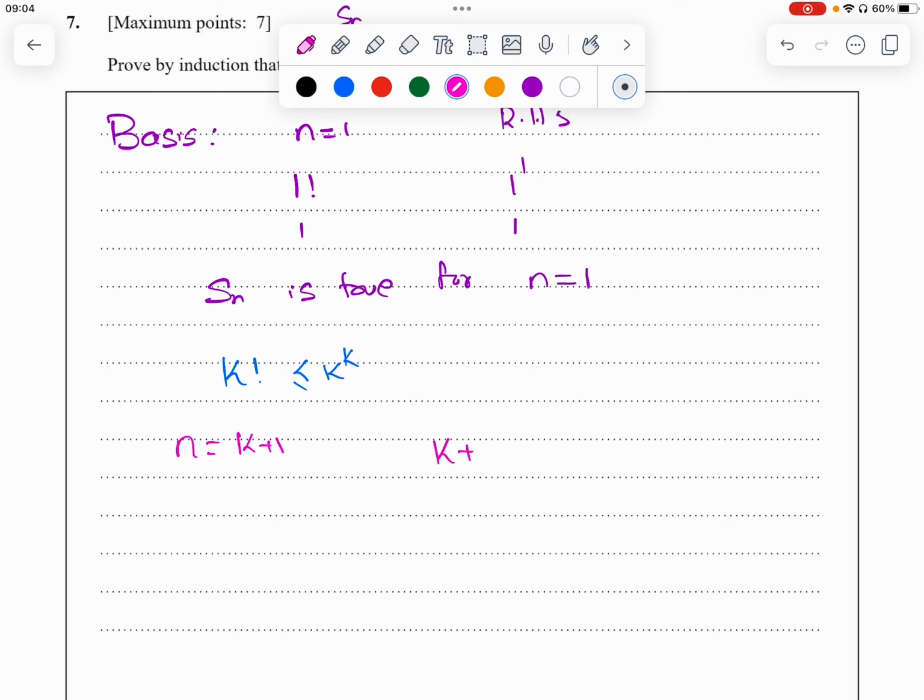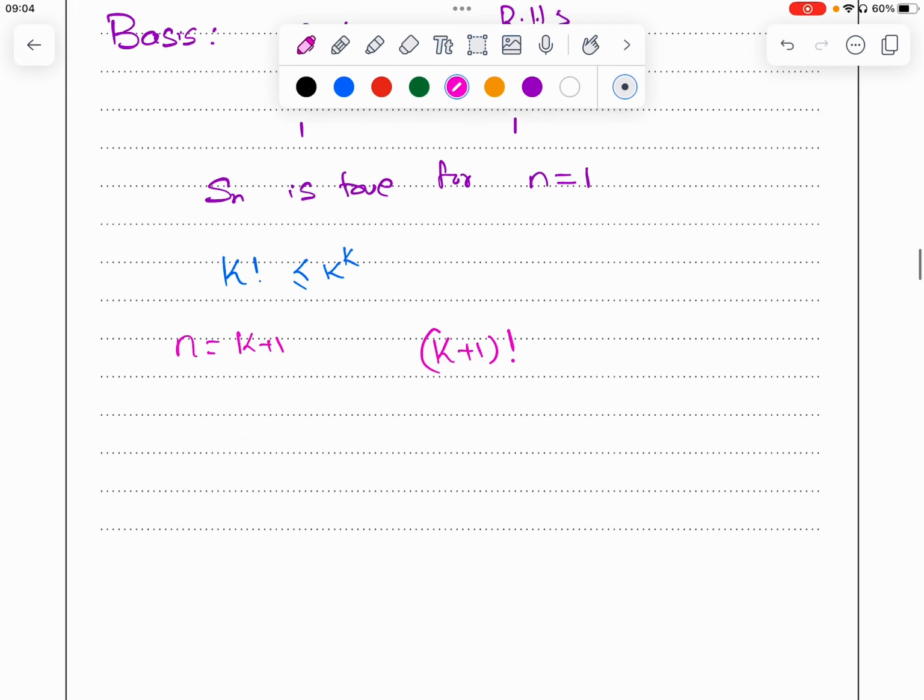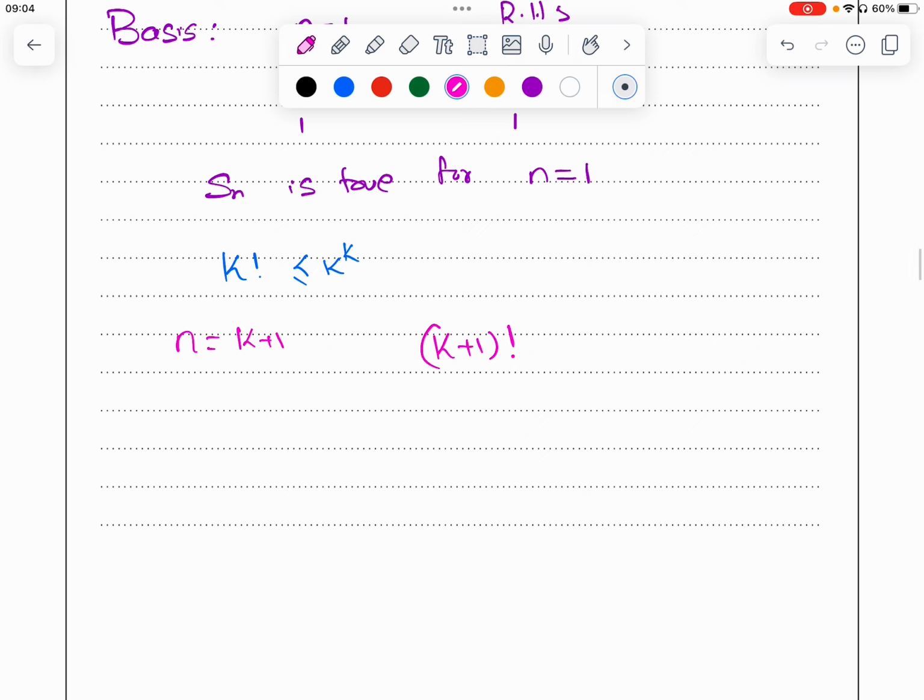So what am I going to take? k plus 1 factorial, and I have to prove that it is less than or equal to k plus 1 to the power of k plus 1. How can I write k plus 1 factorial? I can write it as k plus 1 times k factorial.